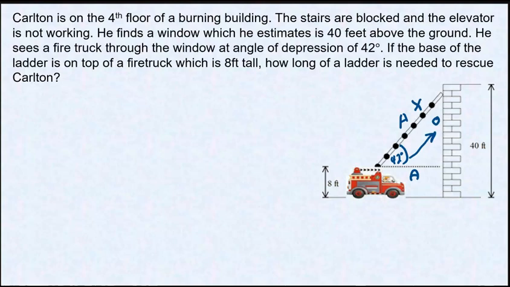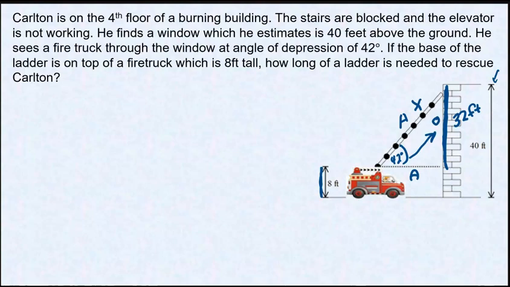Okay, but there is a problem with this question. And the problem is this. You do not want this length. We want this length here. And that length is 32 feet. The reason why that length is 32 feet is because the truck itself is 8 feet off the ground, changing the dimensions of the triangle.